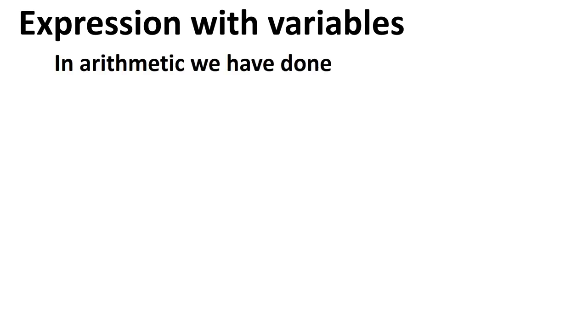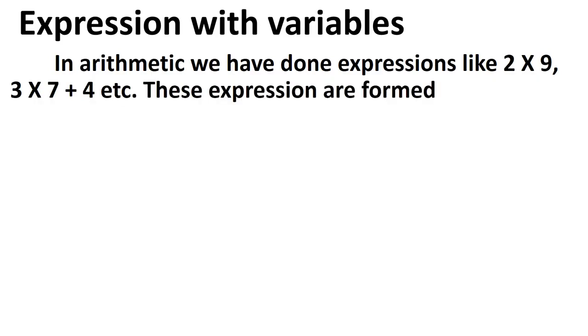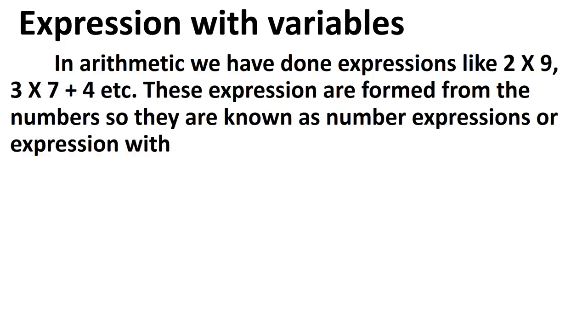In arithmetic, we have done expressions like 2 multiplied by 9, 3 multiplied by 7 plus 4, etc. These expressions are formed from numbers, so they are known as number expressions, because in these expressions we have numbers and we have used basic mathematical operations, that is plus, minus, multiply, divide and so on.